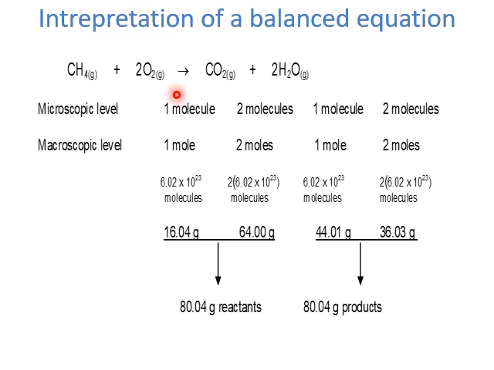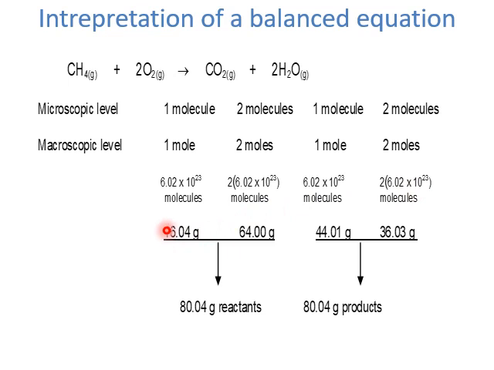For this one, you have to multiply by 2 because it consists of 2 mole and the same number of molecules. So it has more molecules compared to the first one. For CO2, the same thing, one mole is 6.02 times 10 power of 23 molecules. But for 2 mole of H2O, that has to be multiplied by the Avogadro number.